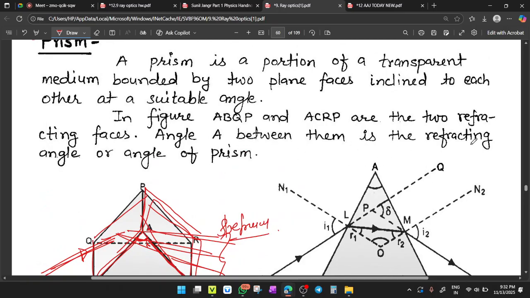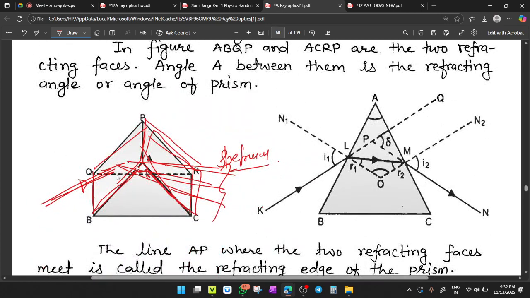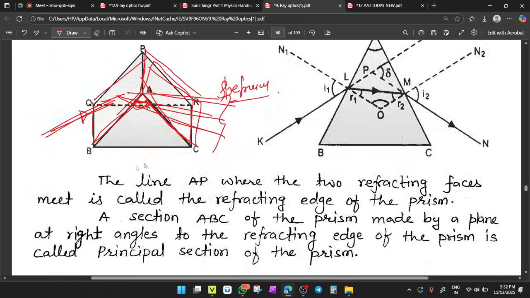The angle A between them is the refracting angle or angle of prism. Yes, important. This angle is called the refracting angle or angle of prism. Now see in which way the refraction from the prism takes place. The line AP, where is AP? This is AP.